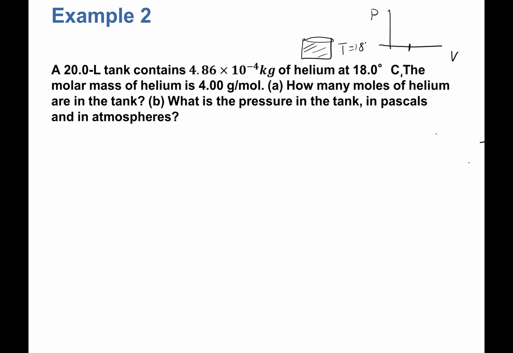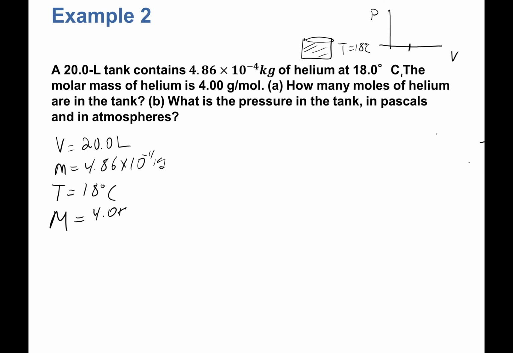And this is 18 degrees Celsius. That means you're given the volume as 20 liters. You're given the mass as 4.86 times 10 to the negative 4 kilograms. And you're given temperature, which is 18 degrees Celsius. Also, we are told that it's helium, and helium has a molar mass of 4 grams per mole.